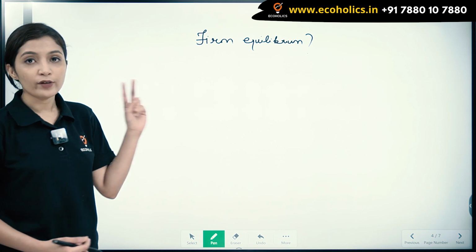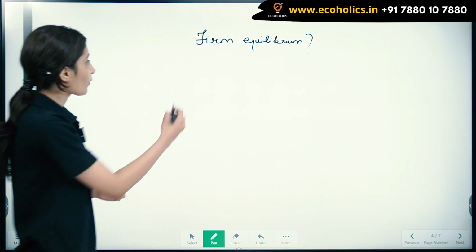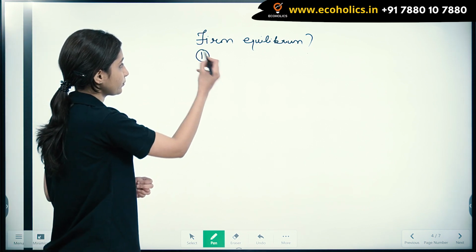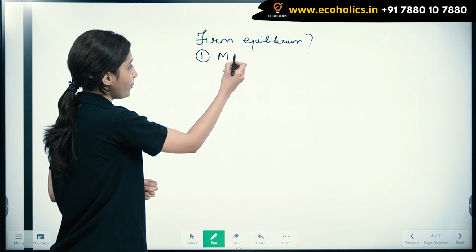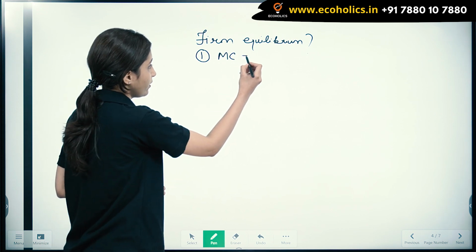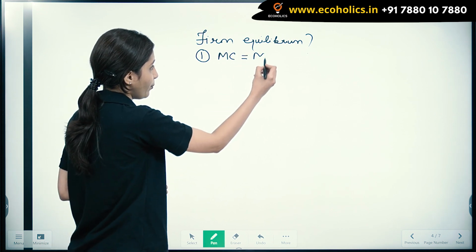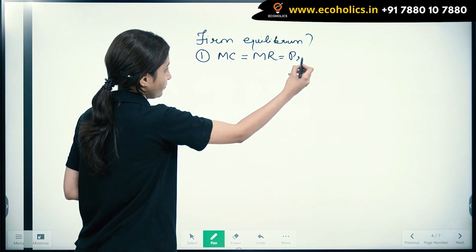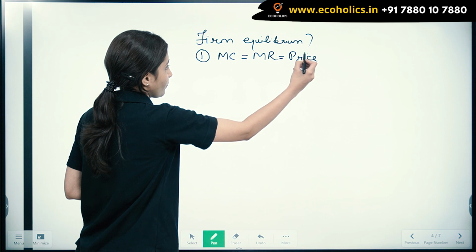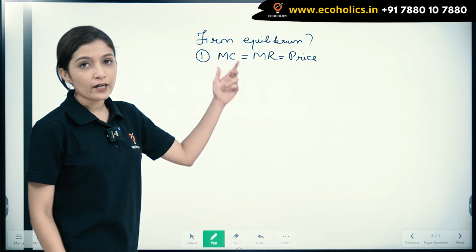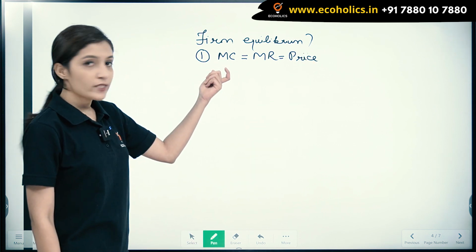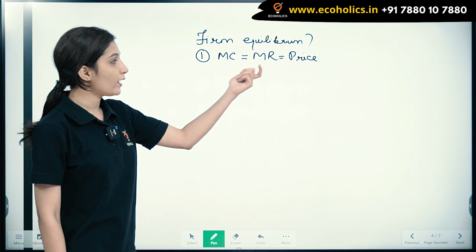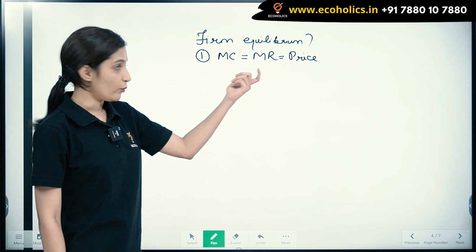Basically, we have two conditions. First, MC is equal to MR is equal to price. This is our first condition, where MC is marginal cost and MR is marginal revenue.